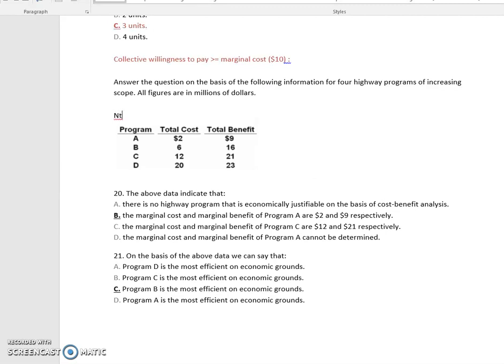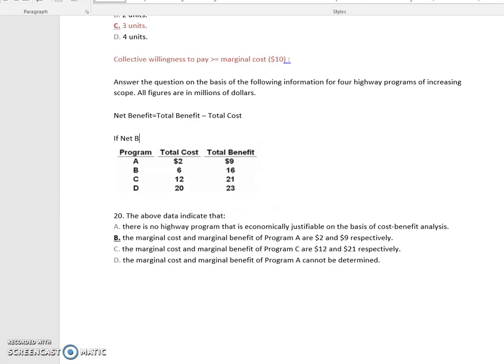So net benefit equals total benefit minus total cost, right? Now if net benefit is greater than or equal to 0, take the program.